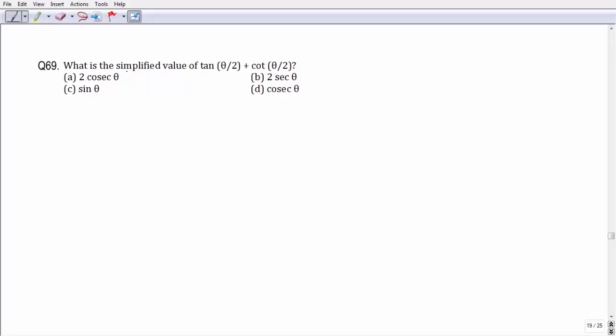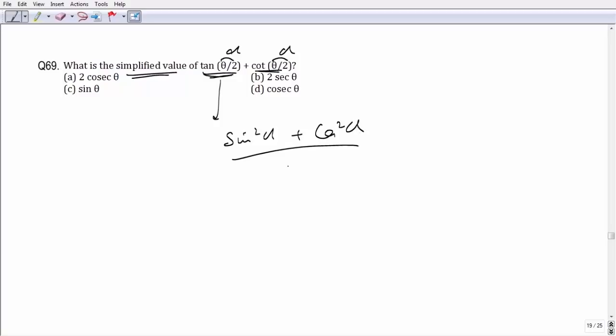Now for this particular question, we have to find the simplified value of tan theta by 2 plus cot theta by 2. Now if we assume theta by 2 to be alpha, this whole equation can be rewritten as sine square alpha plus cos square alpha by sine alpha into cos alpha.